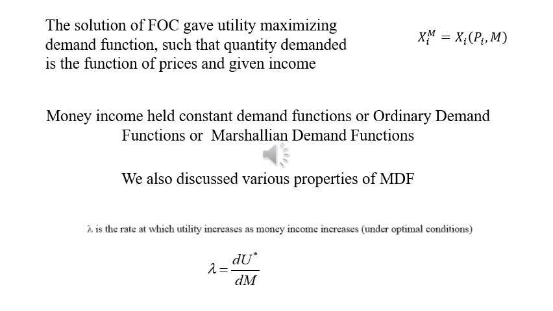So in our scenario, the objective function is utility and the constraint is income. Therefore, lambda is the rate at which utility increases as money income increases under the optimal conditions. So this is what we have already discussed.